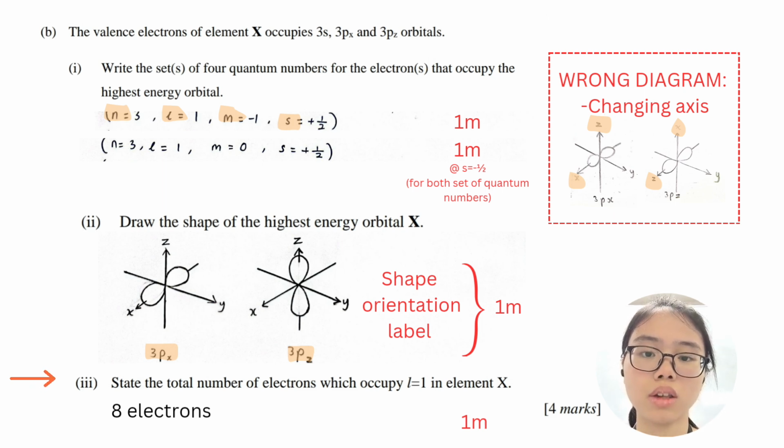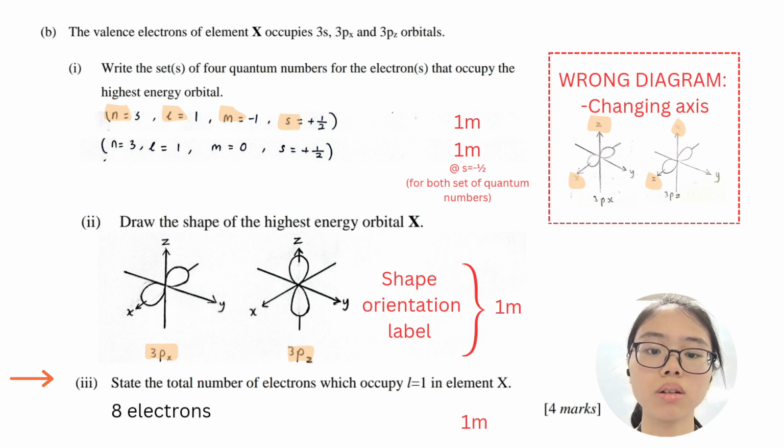Since the highest energy orbital is 3p, that means that the 2p orbital is also filled completely with electrons. Since the p orbital can hold 6 electrons, the total electrons when we add up 2p orbital and 3p orbital is 8. That is 6 from 2p orbital and 2 from 3p orbital.